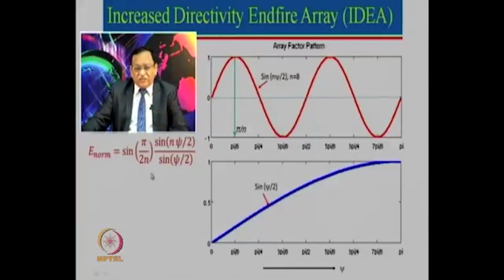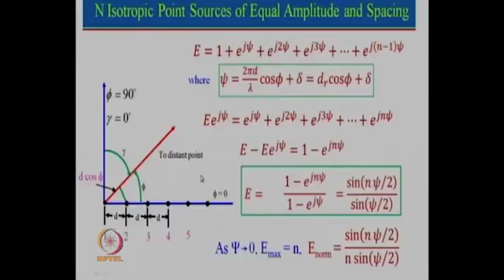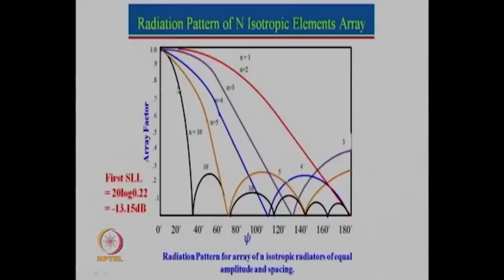If we normalize with respect to this, then for the increased directivity end fire array, the normalized value is not this function divided by n, because n happens over here, at the maximum point. It is the value corresponding to this maxima divided by the corresponding value over here. If we go back to the same curve, the point we are looking at is somewhere here, where the numerator increases to the maximum value, divided by the denominator value.